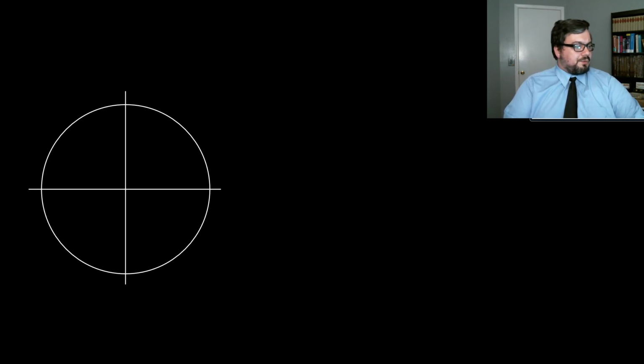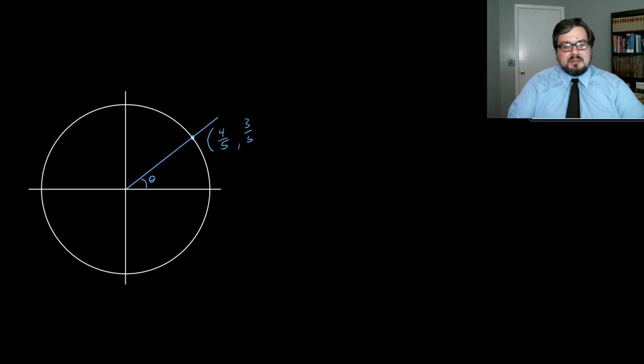So let's suppose that we have some angle theta here, and let's say that the point it passes through on the unit circle has coordinates (4/5, 3/5).